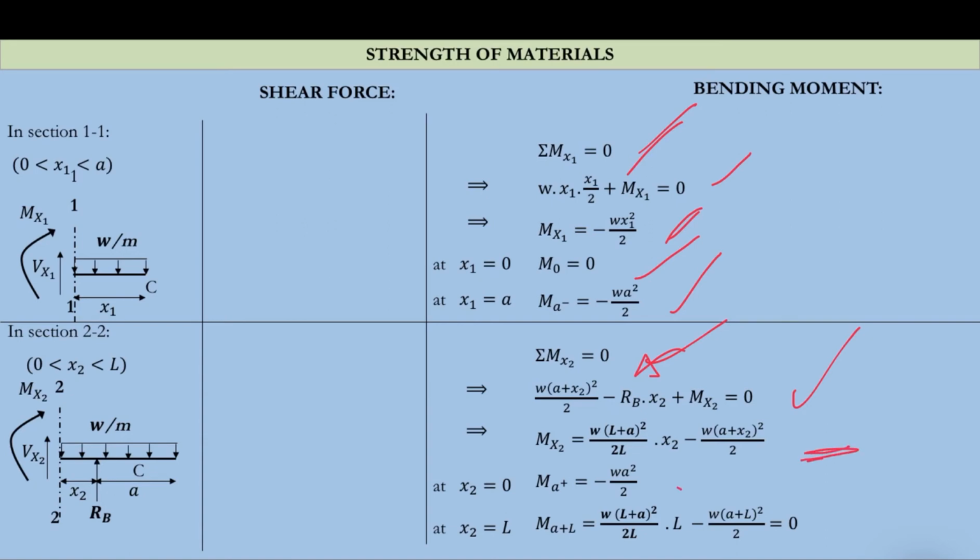By putting x2 equal to 0, it is coming minus WA square by 2. It is the same because there is only loading and no external moment. And at support A, it is coming out to be 0, which is quite obvious because support A is the hinge support. So our answer is correct.